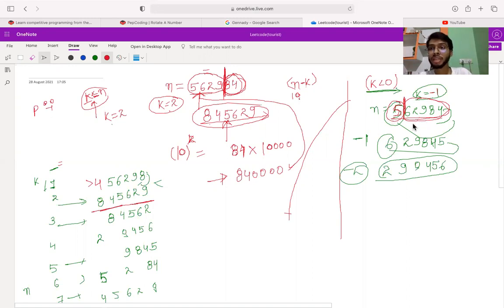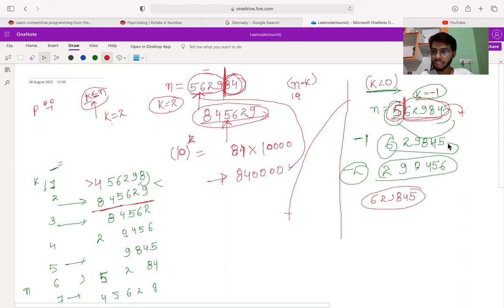What does it mean? It means I am rotating it 5 times from the right direction. You can visualize it: if I rotate it by 5, take the first 5 values and add them on the first half, so this will be my answer.